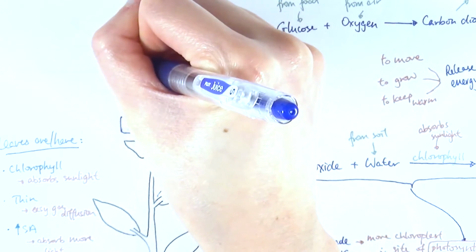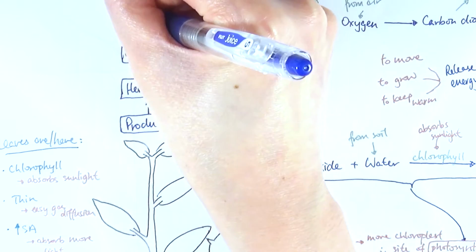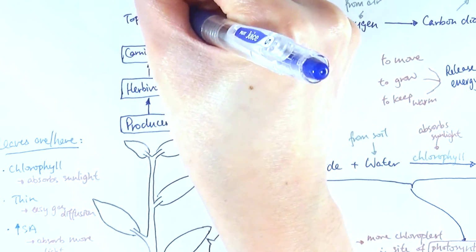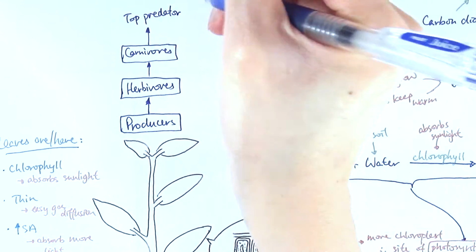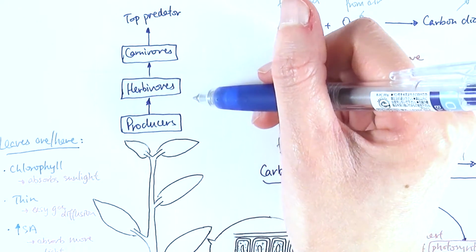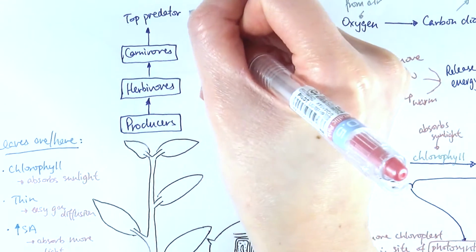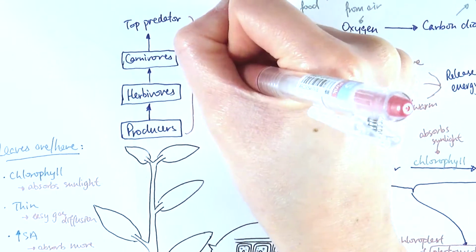And the carnivores either can be the top predator, or if they're not the top predator yet, then they can be eaten by the top predator. So we say that anything that's eaten is called a prey, and anything that eats something else is called a predator. So if we look at this, this is what we call a food chain.